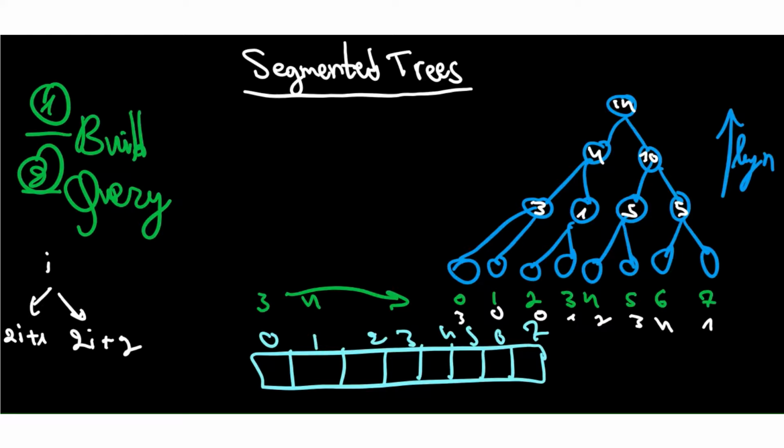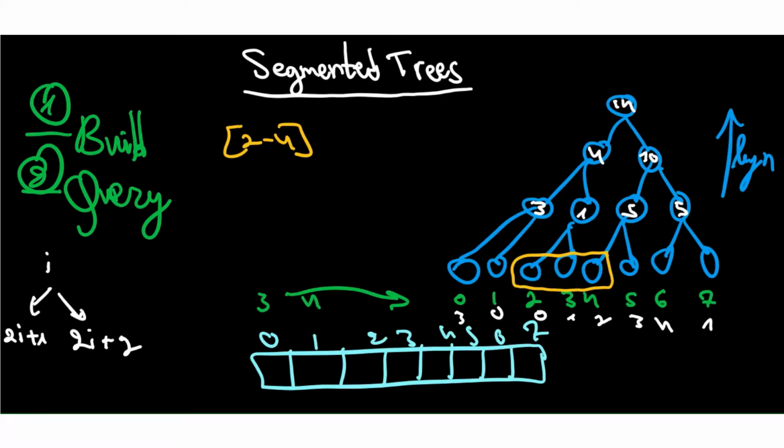And now we have the other case where we need to do the query. In the query, we start from the root. So what is the range of the root? Let's say that we need to query these children here, which are indexes 2, 3, and 4. Let's say that we need to query the range 2 to 4. So we look at the root. What is the root representing? We already know.